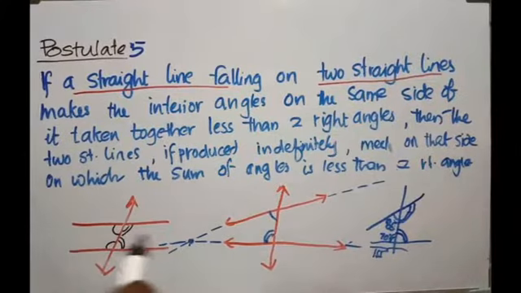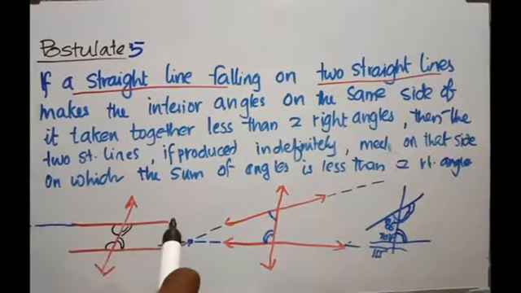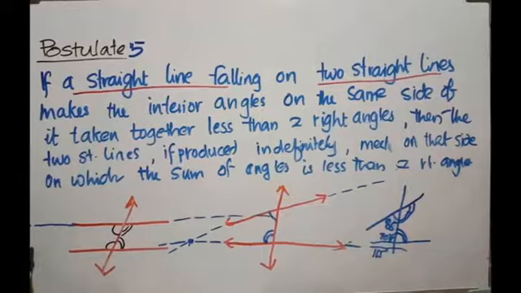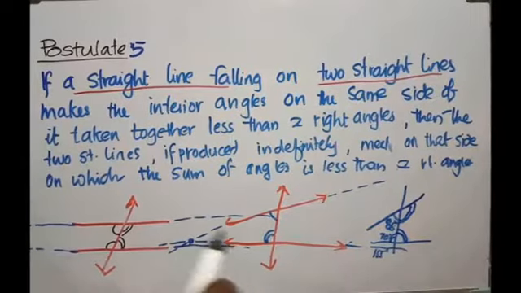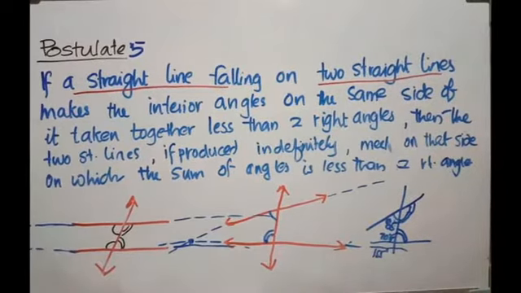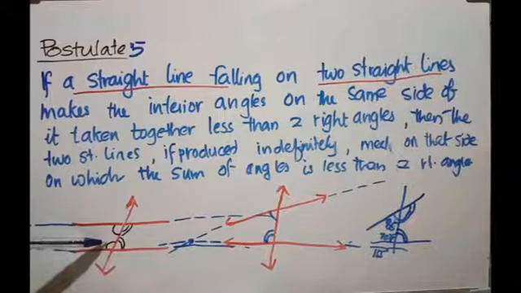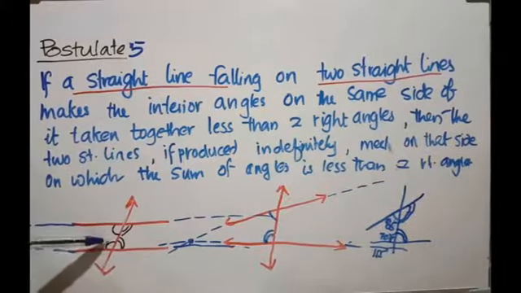But when you check these two straight lines, let's produce them. Will they meet at any point? No, they won't meet at any point, because those two lines are parallel lines and the sum of these two angles is always two right angles. That means the sum of these two angles is always 180 degrees.